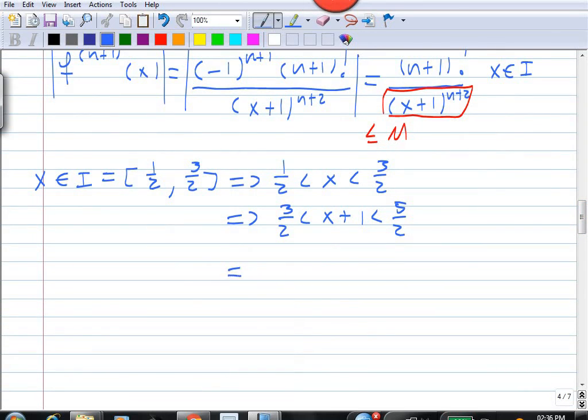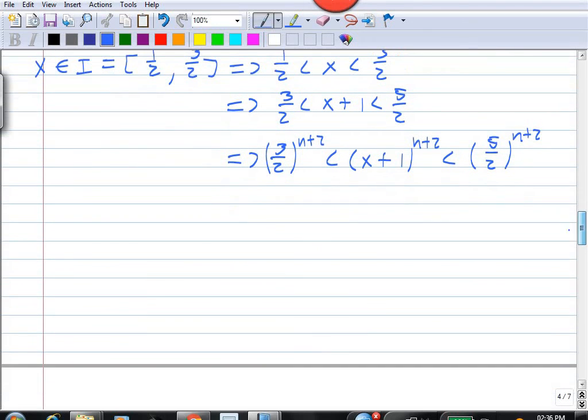So (x plus 1) to the n plus 2 is less than (5 over 2) to the n plus 2.